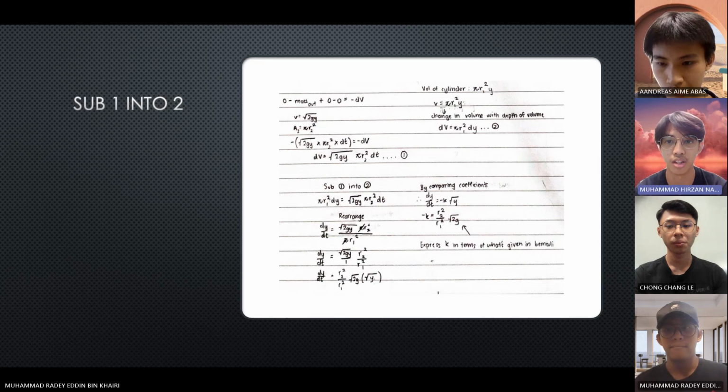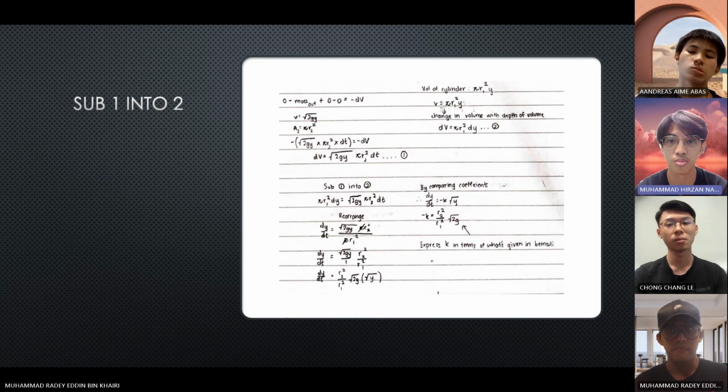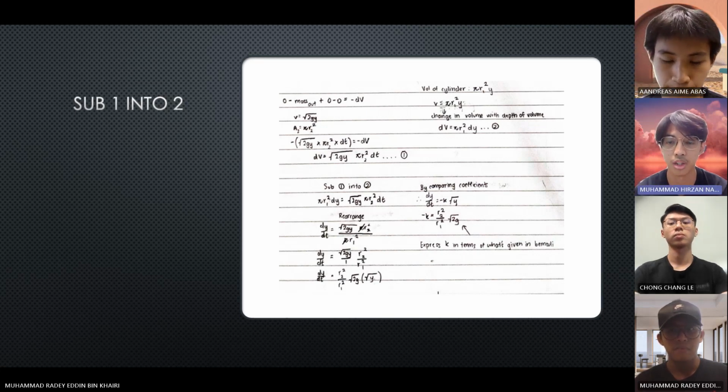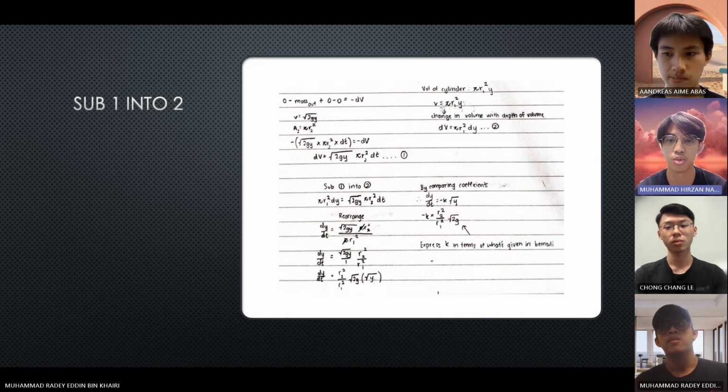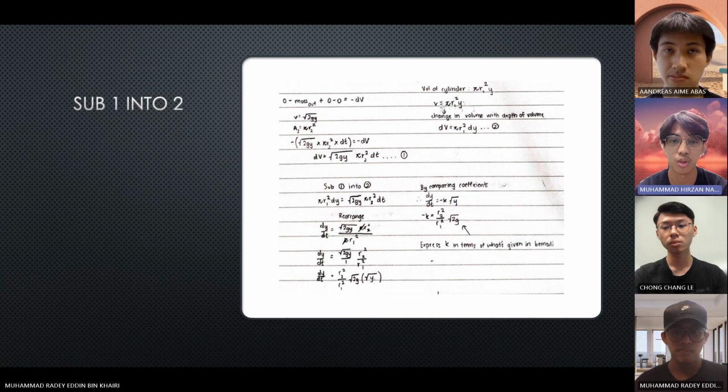Next, we have the volume of the cylinder, which is pi r1 square times y, which is the height of the cylinder. And the change in volume would just be dV equals pi r1 square times dy. And that will be our equation 2. Now, we'll substitute equation 1 into equation 2, and then we will have pi r1 square dy equals square root 2gy pi r2 square dt.